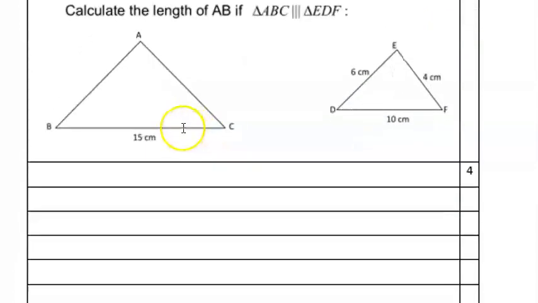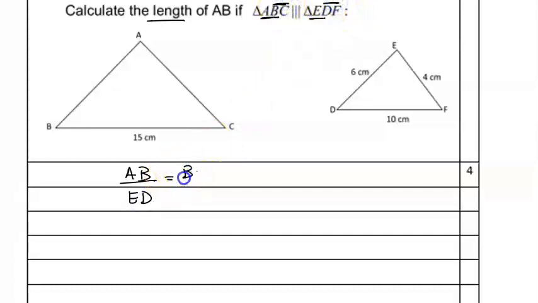So if we have to quickly review what we've been taught already, it says calculate the length of AB if triangle ABC is similar to triangle EDF. So learners, we are given that the triangles are similar, therefore their sides are in proportion. Now we look at the first two letters, AB and ED. So we'll say AB over ED equals the second two letters, BC and DF.